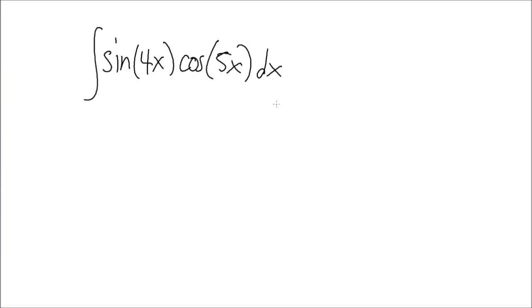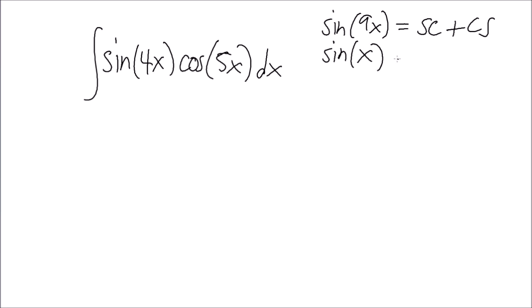So what I do is, let sine of 9x, that means that I added these two. So that's sine plus, and minusing will give me sine of x. So that's me minusing that. Now you're thinking, wait, Silver, this is 4x, this is 5x.